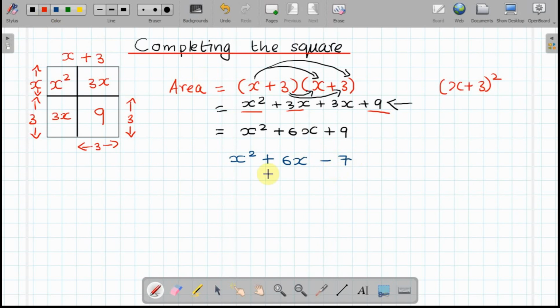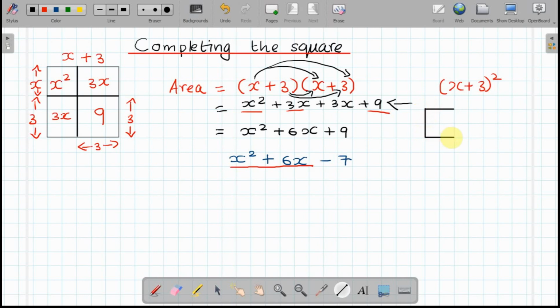So I want to write this in terms of the area of a square. To start off, I'm just going to concentrate on the x squared plus 6x. And I'm going to draw a diagram for x squared plus 6x. I'm going to do this on the right, because I have a lot of space on the right. So I'm going to have a square for x squared.